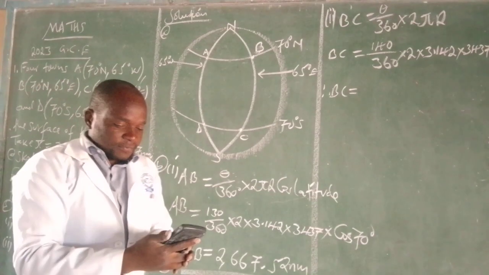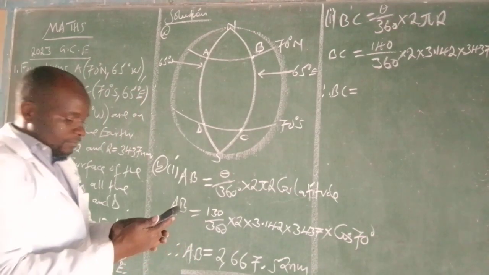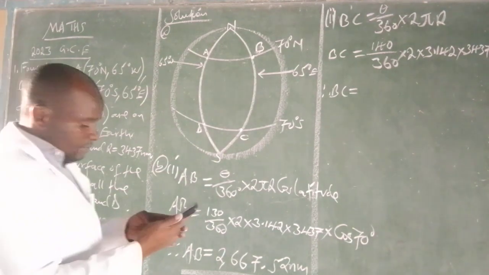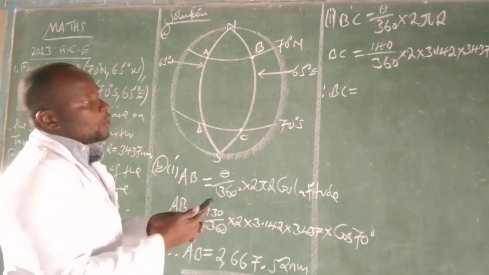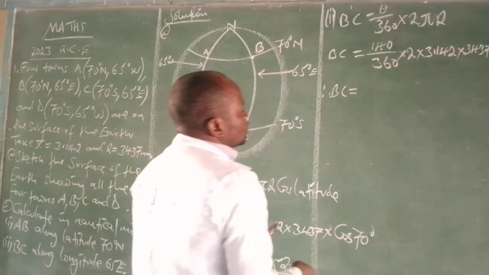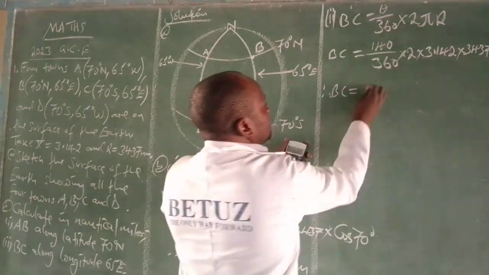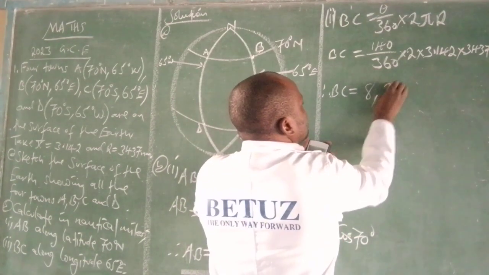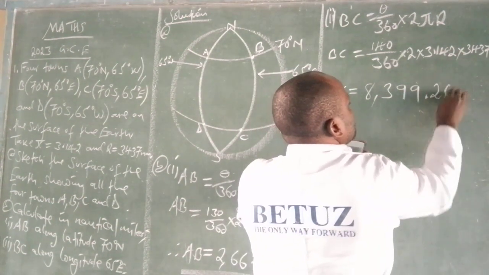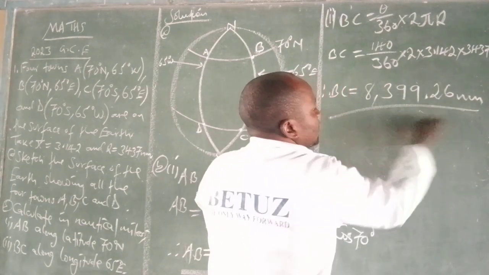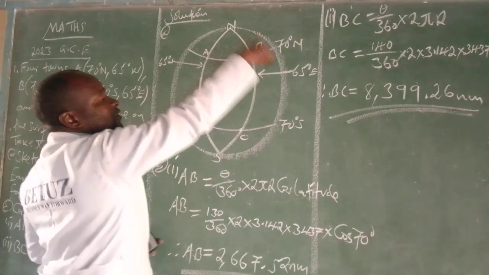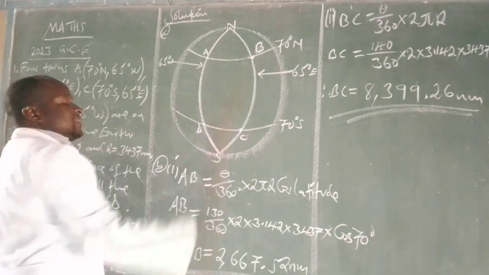So we have 140 divided by 360 multiplied by 2 multiplied by 3.142 multiplied by 3437, which is giving us, between B and C, 8,399.26 nautical miles. This will be the distance along longitude 65 degrees east between B and C.